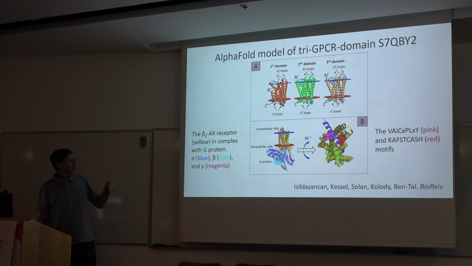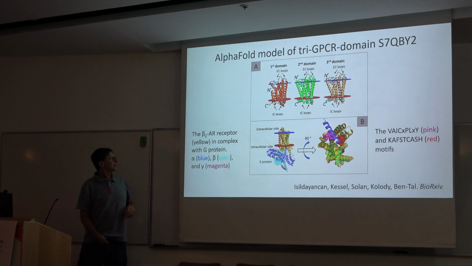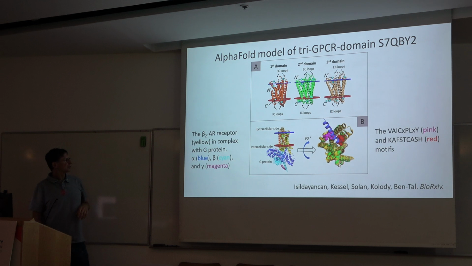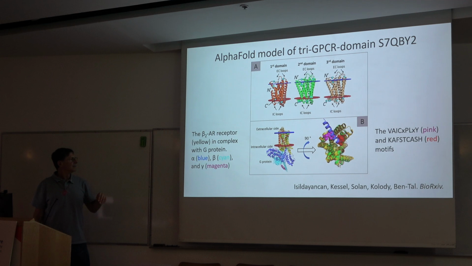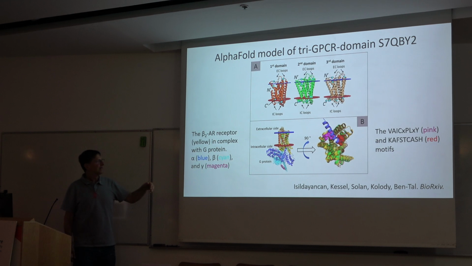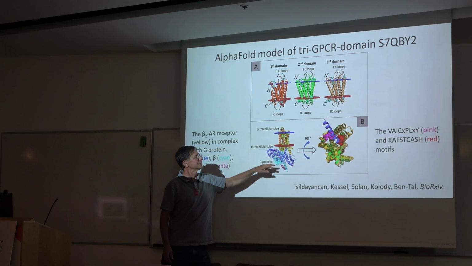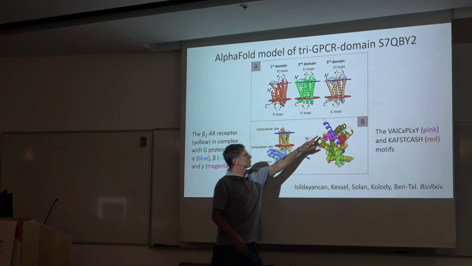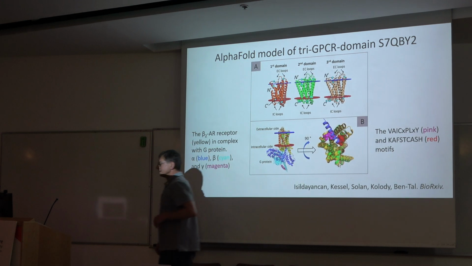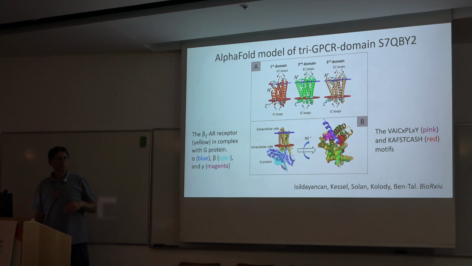We also show a superimposition of all of these domains on a beta-arrestin receptor with known structures. This is shown in yellow, and the others are in different colors. The reason we chose it is because it's a complex also with a G protein, and we can see the interaction region. And then when we rotate it, we see how it interacts with this specific helix that recognizes, and this is how it signals.